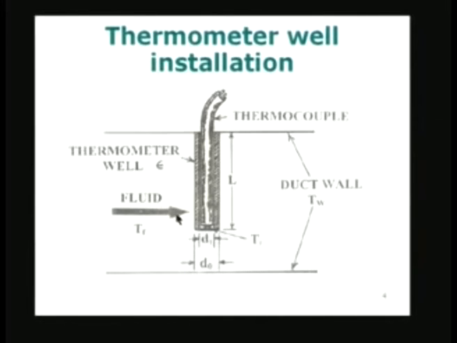So we will be looking for some relationship between the Reynolds number of the fluid flowing past the tube and the effective heat transfer coefficient in this particular application. And then thirdly, the thermometer well may have an emissivity of surface equal to epsilon. So some amount of heat transfer may also take place by radiation from the surface of the well to the wall of the duct.